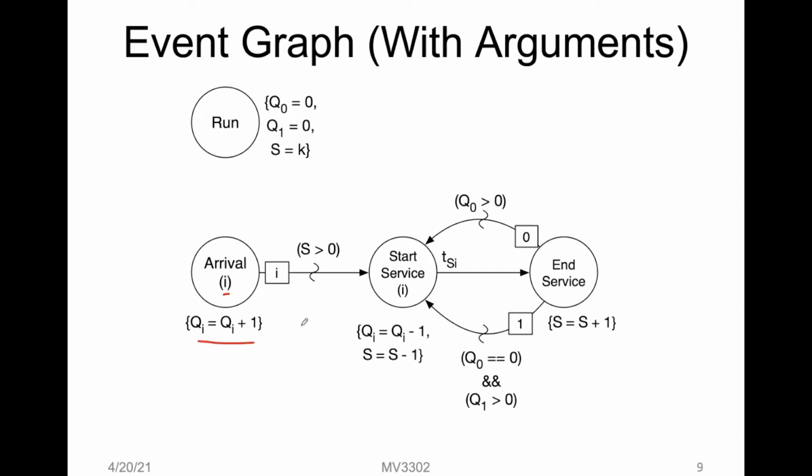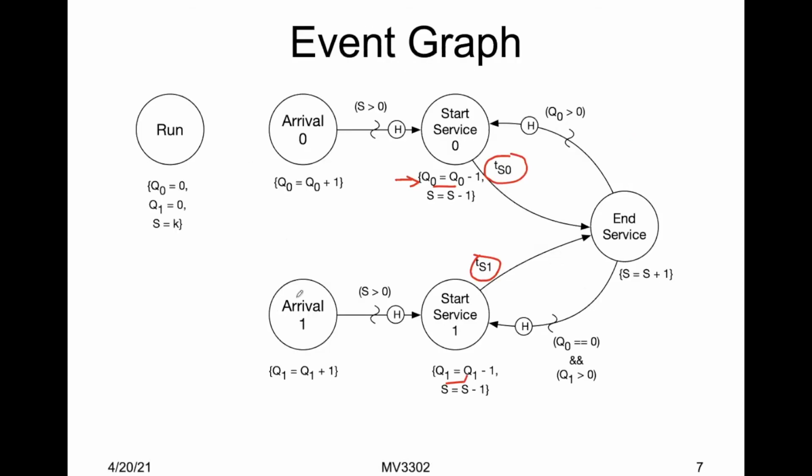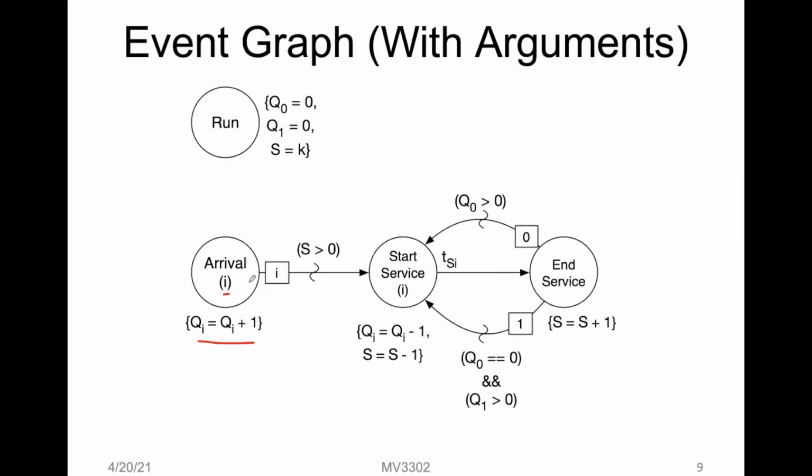If I is 0, then I increment Q0. If I is 1, then I increment Q1. Now what I've done is combined these 2 events into this one, but I have to put an argument there, because it's not enough to just say I have an arrival, I have to say an arrival of what type.